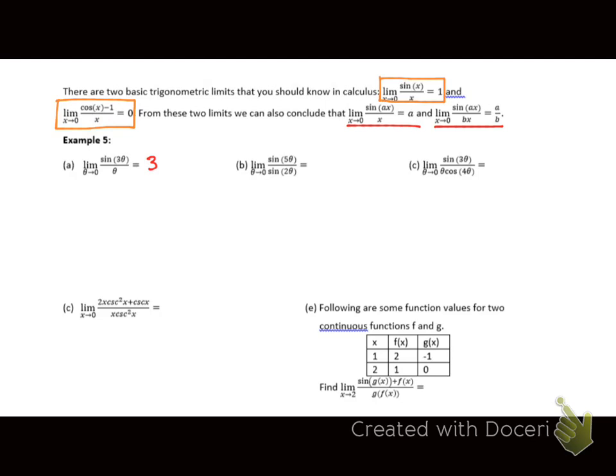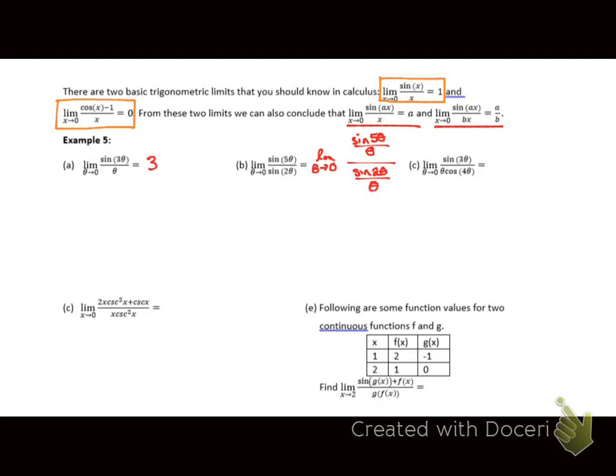For part B, they're not set up that way. However, what you do at the top, as long as you do it to the bottom, it's valid. Okay, you're allowed to do something like that. And so what I'm going to do here is find the limit as theta approaches 0 of sine 5 theta over theta over sine of 2 theta over theta, which I'm allowed to do as long as they exist.